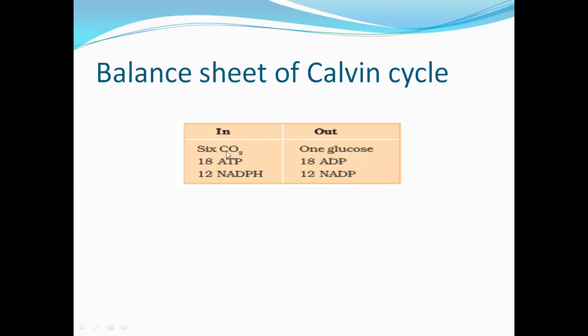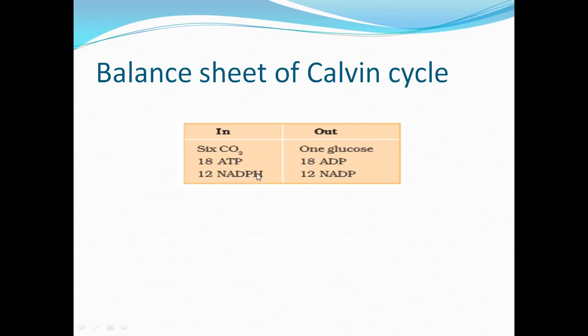Each carbon dioxide contributes one carbon atom for the synthesis of glucose, and glucose is made up of 6 carbon atoms. Also 18 ATPs are utilized for the synthesis of one glucose molecule. In each cycle, 3 ATPs are utilized, so since there are 6 cycles, 18 ATPs are utilized, and the end products are 18 ADP.